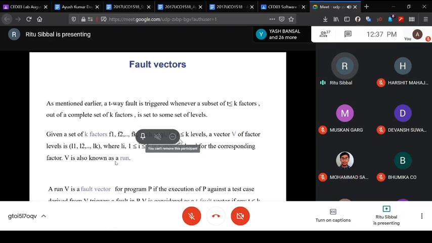Now a run is a fault vector if the execution of P against a test case derived from it triggers a fault.